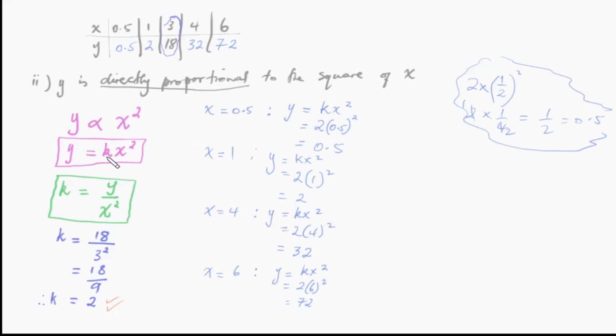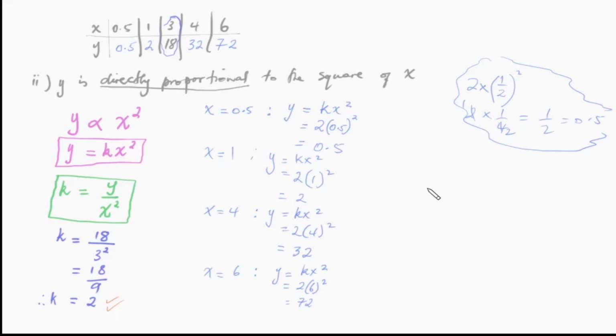Then what do I want? What do I need? This I need. But before being able to use this one, I need to find this value of k, the constant of proportionality, because I'm going to be using it everywhere. That is basically what you need to do.